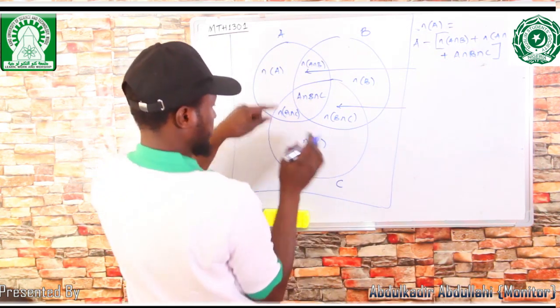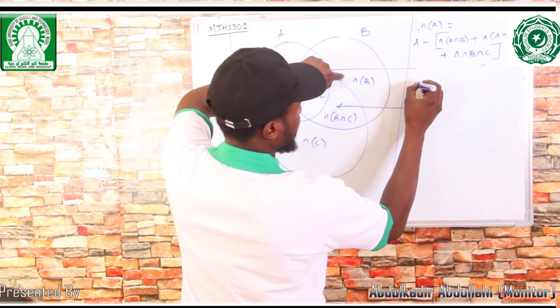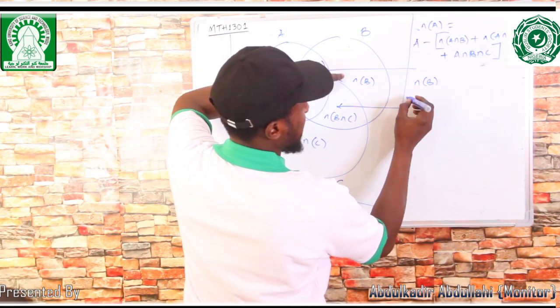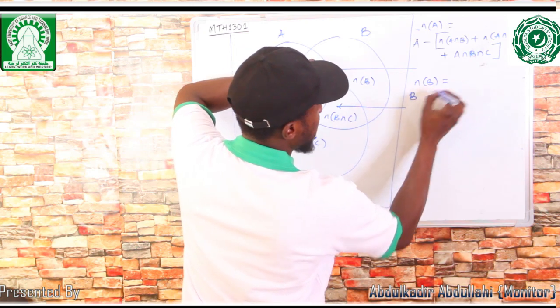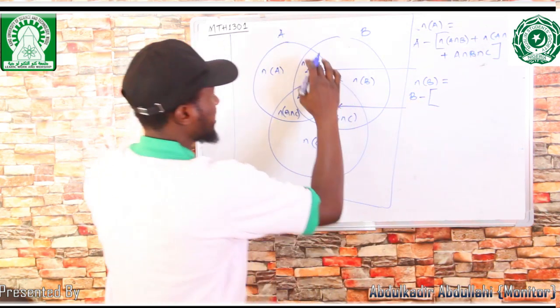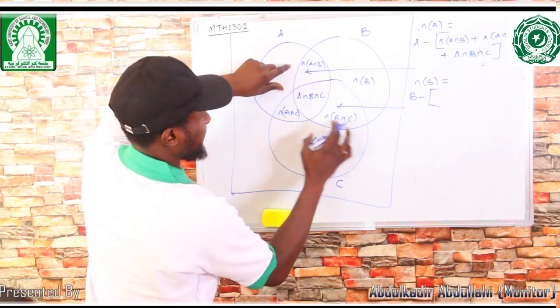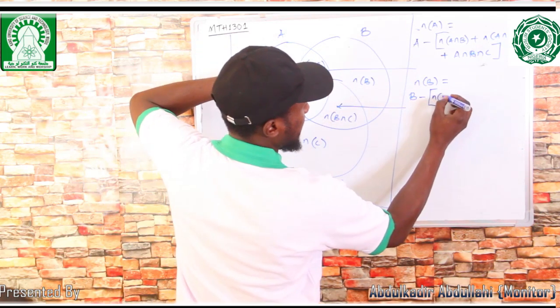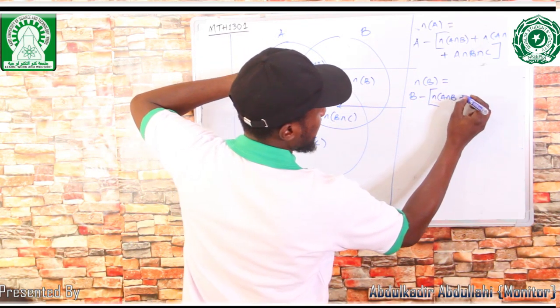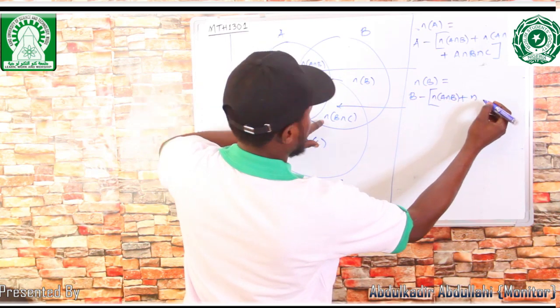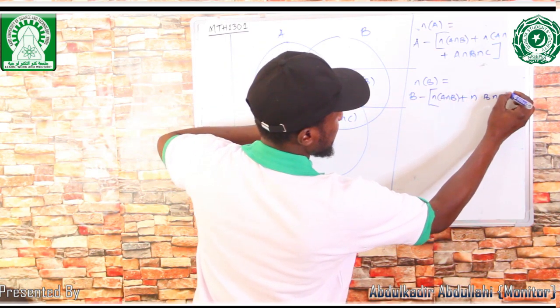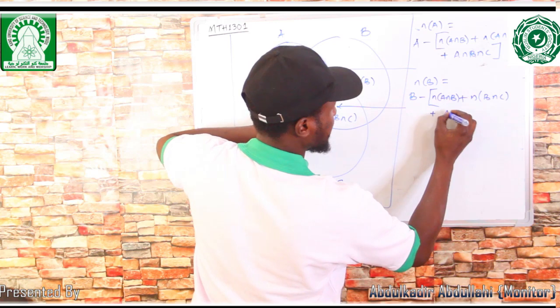Now, the number of B only is the same thing. That is the value of B minus the summation of all the intersected places in B: the number of A intersection B plus the number of B intersection C plus the whole intersection.